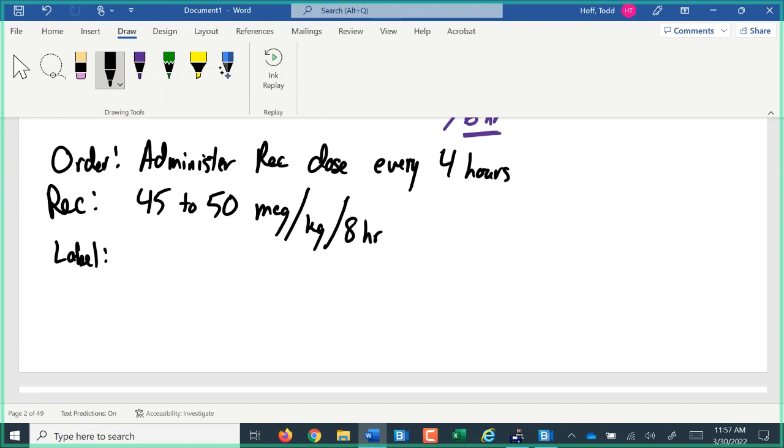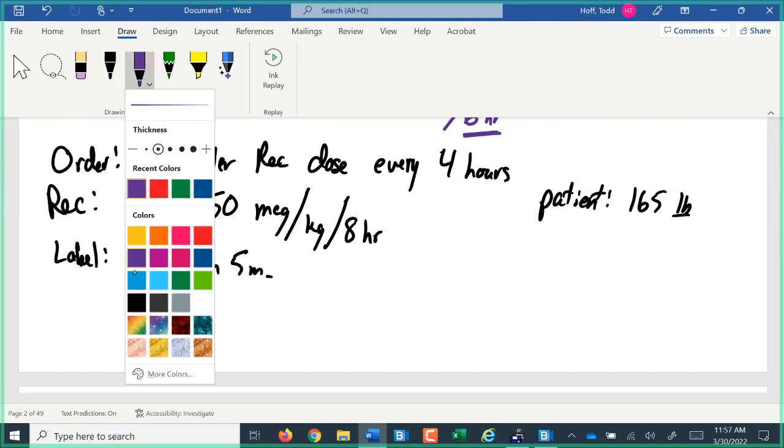Our label here is 12 milligrams and 5 milliliters. We have a patient who is 165 pounds. So I'm going to give you about a minute and a half to work through that, and then we will go over that together.